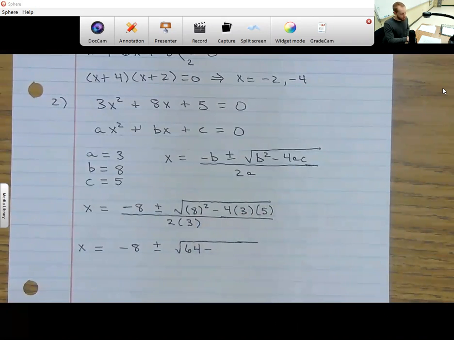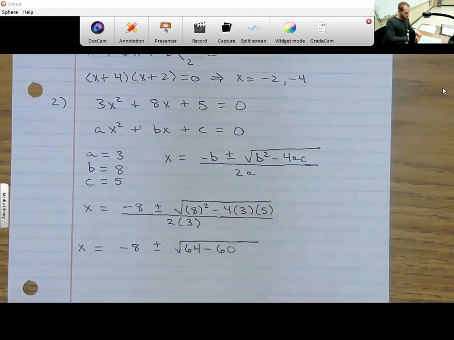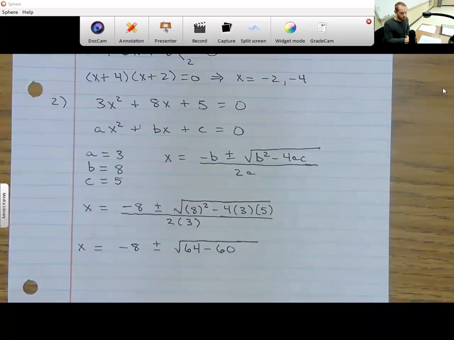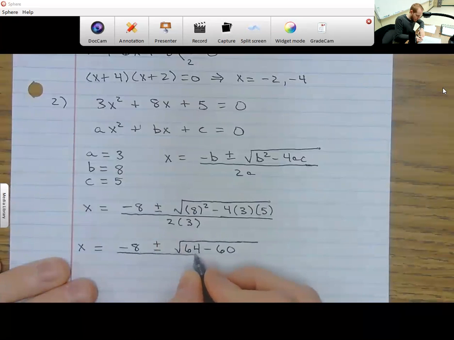Well, 4 times 3 is 12, and then 12 times 5 is going to give me 60. So I'm going to have 64 minus 60 on the inside. And everything is going to be divided by 6, because that's what 2 times 3 is.